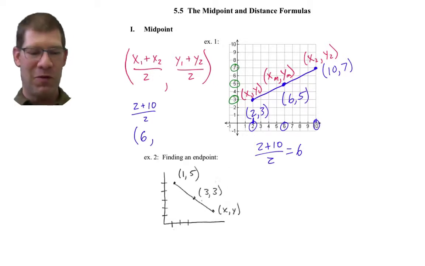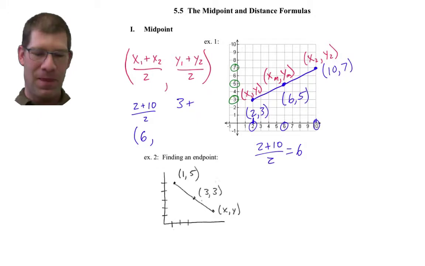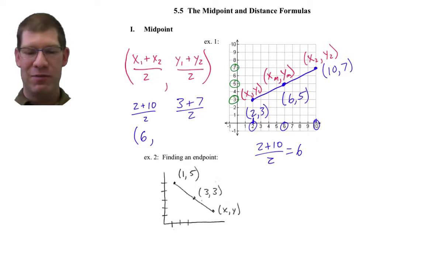Then we could do the same thing with the y's. I'll do a little better job of that. So I have y1, which is 3. Plus y2. So y2 is right there. That's going to be my 7. 3 plus 7, divide by 2. And that's going to equal 10 divided by 2, so a 5.